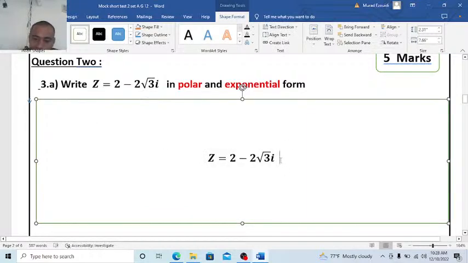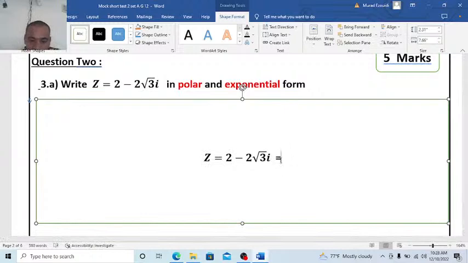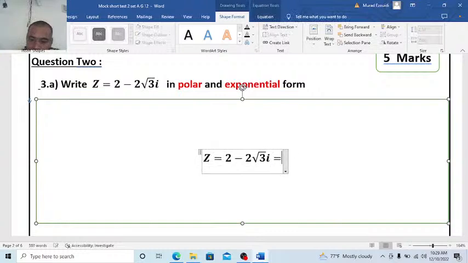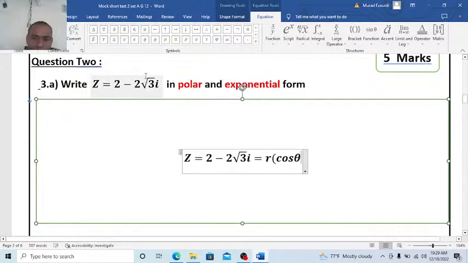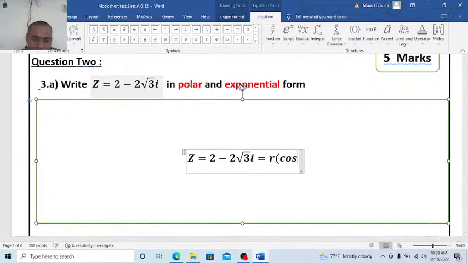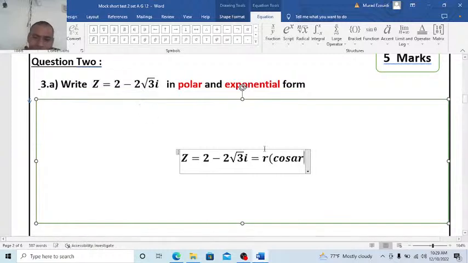I will write this as equal to small r, which is the modulus of the complex number z, or the radius, multiplied by cosine of theta. Cosine of theta, so I'll write it as cosine of the argument of z. It's better. No problem, I will just write it as cosine of theta.